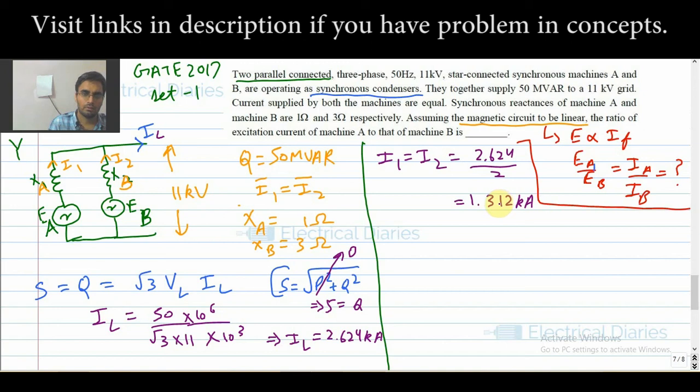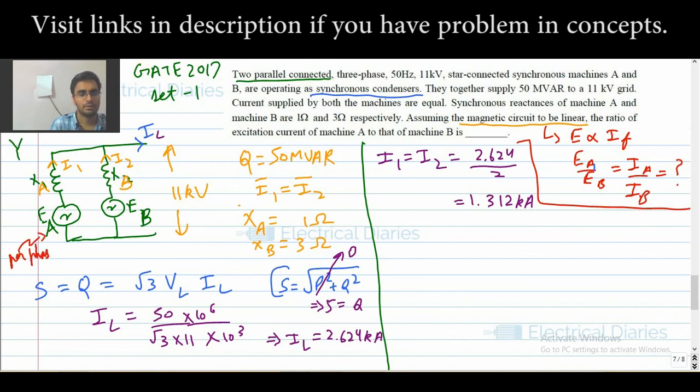The important thing is you have to calculate EA and EB. I think you can apply KVL in these loops and find out EA and EB. Always remember this is a per phase circuit.